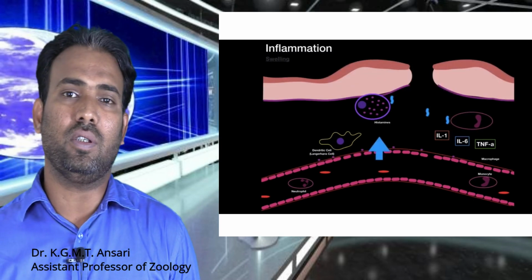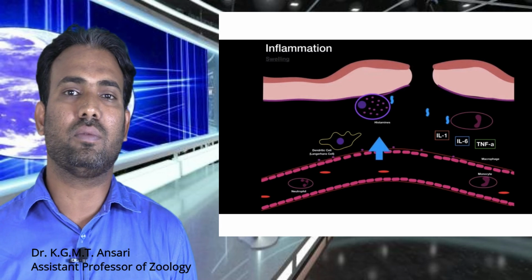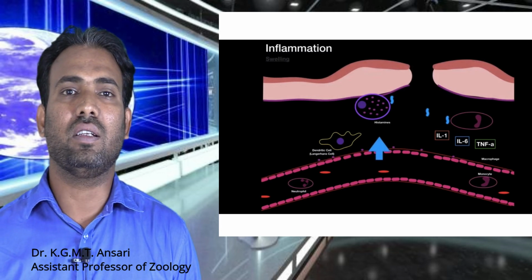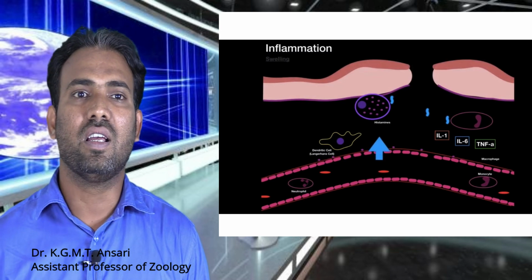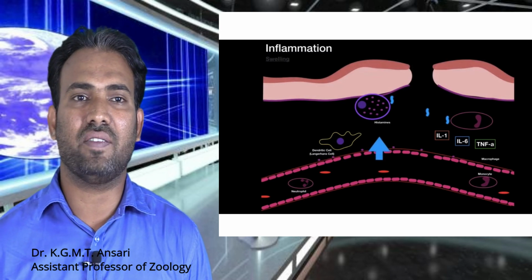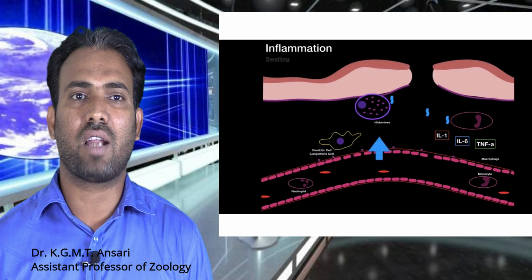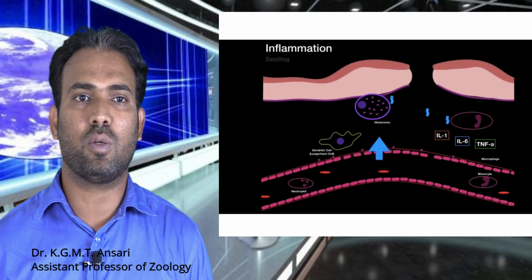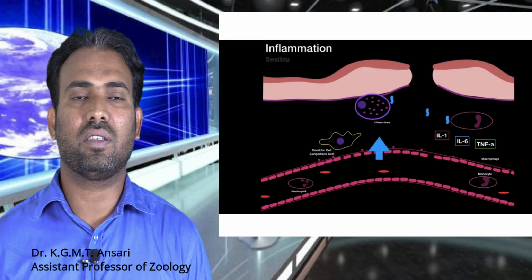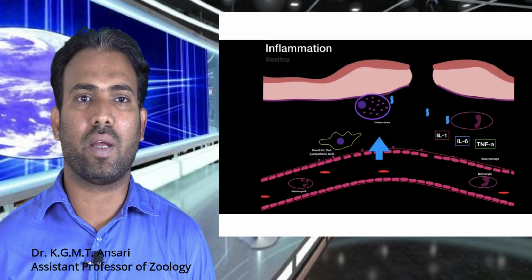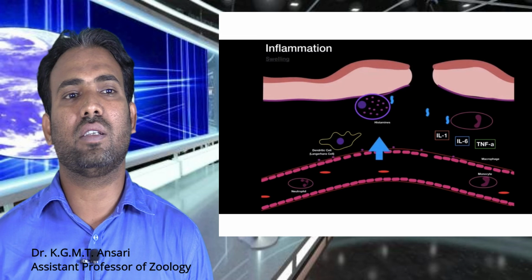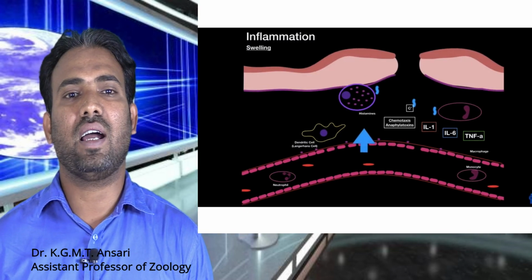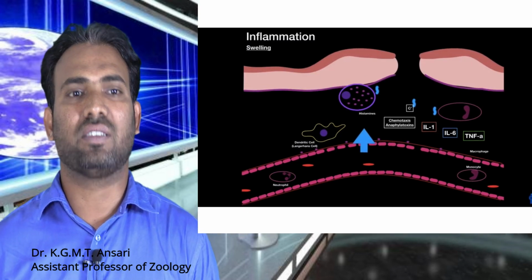If it is possible to remove them using these 5 different cells, the first response comes from the mast cell. The mast cell has lots of granules inside, known as histamines.